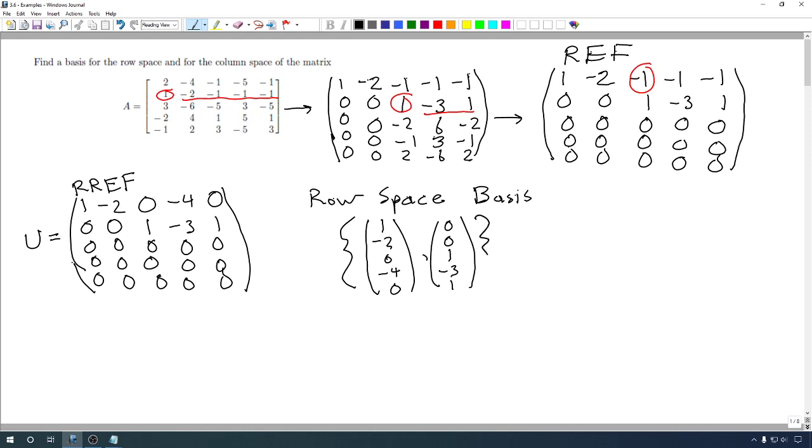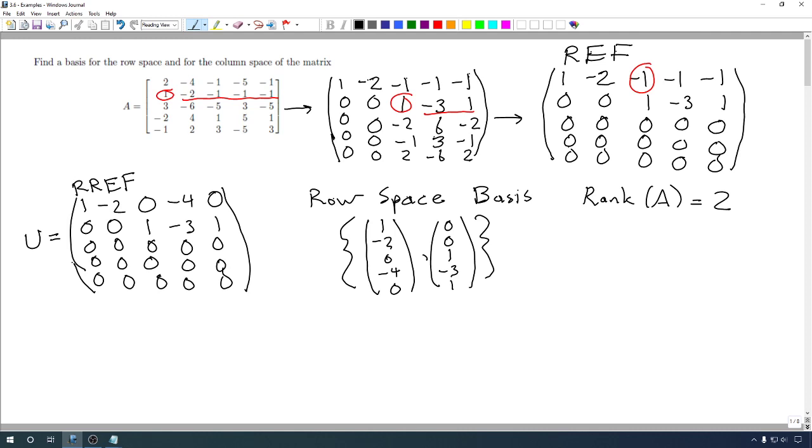This is a basis for the row space of U and for A because they share a row space. And so you can actually say that the rank of A is 2. It's two-dimensional. It has two basis vectors. These are actually linearly independent vectors once we've done all the row operations and gotten down to REF or RREF.